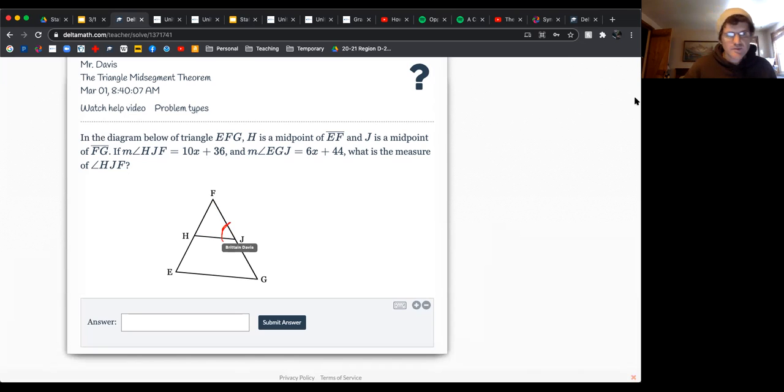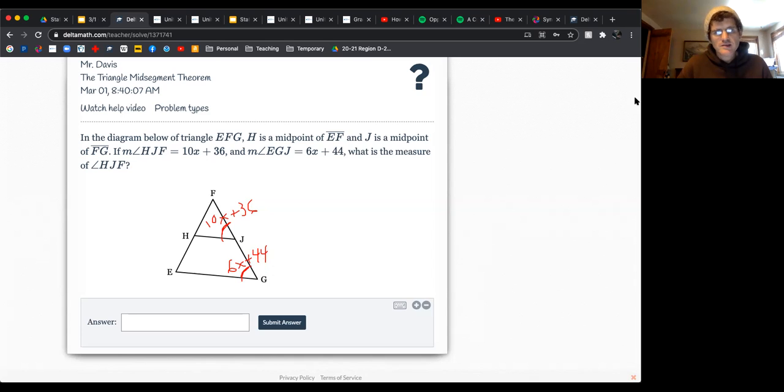So that's this. If that is 10x plus 36, I'm going to write that in, 10x plus 36. And EGJ, so EGJ right there, is 6x plus 44, then what is the measure of HJF?